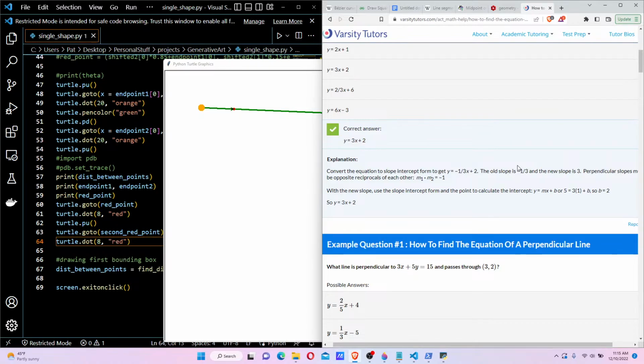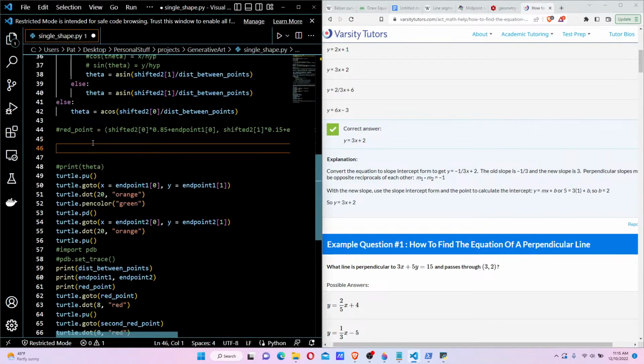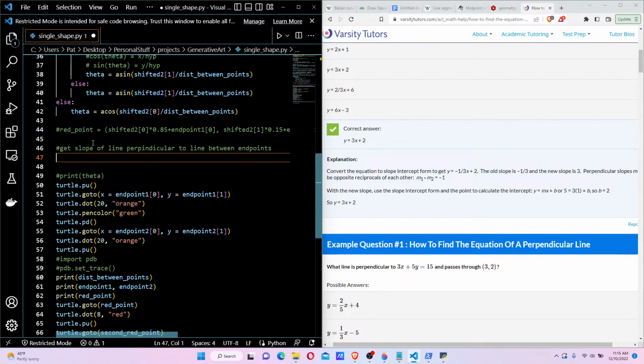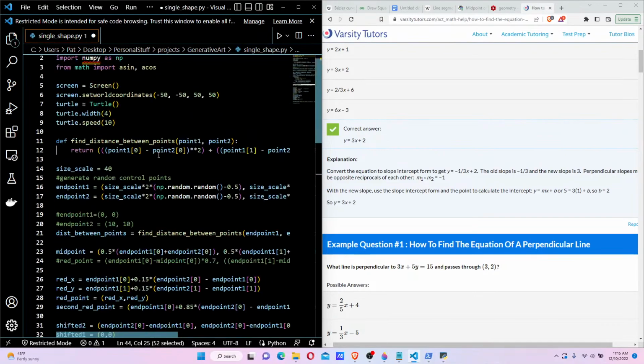Oh, and then use the point that it knows it goes through. So the slope has to be a reciprocal. So now get the slope of the line perpendicular to the line between endpoints. So pretty sure I got that slope up there somewhere.